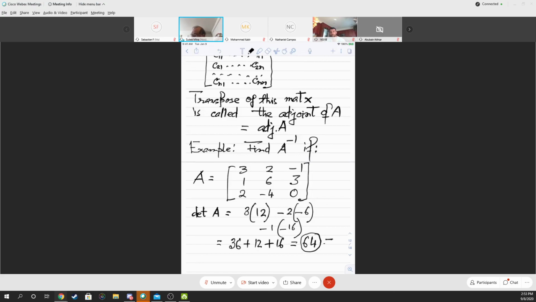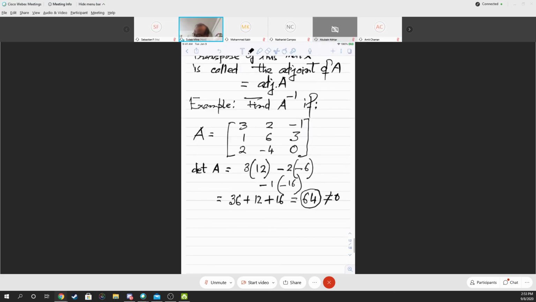So not 0. So A is non-singular. Therefore, A inverse exists.